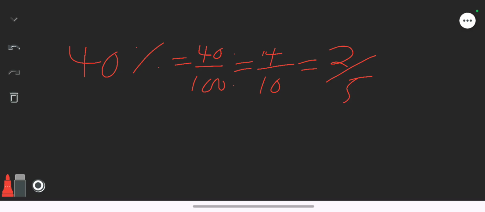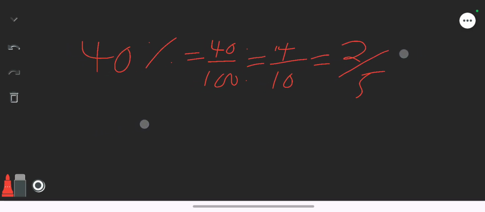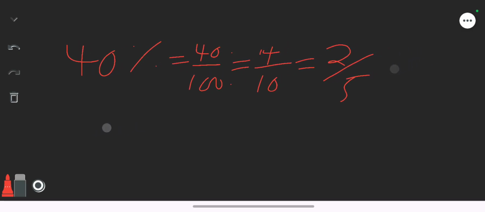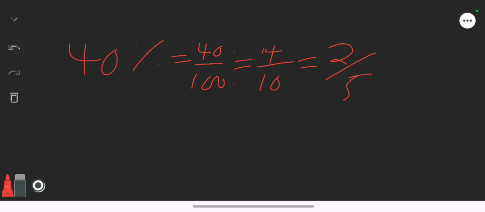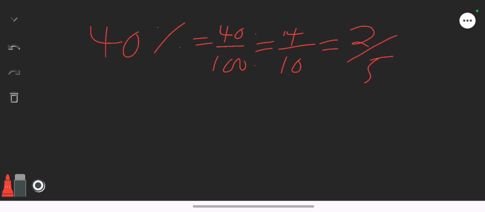Okay, you might be wondering how we are simplifying this. You have to use the greatest common factor to simplify. Don't you forget to use the greatest common factor or the highest common factor when you are simplifying. Alright, so for this case here, we have 40 over 100.